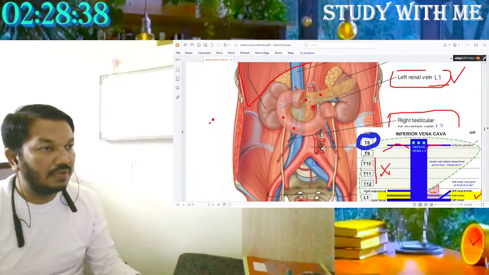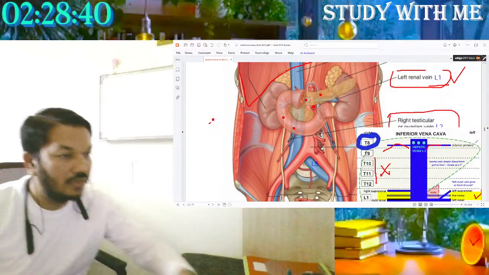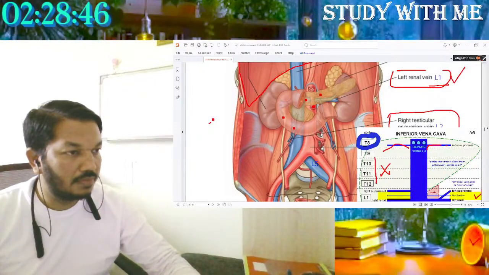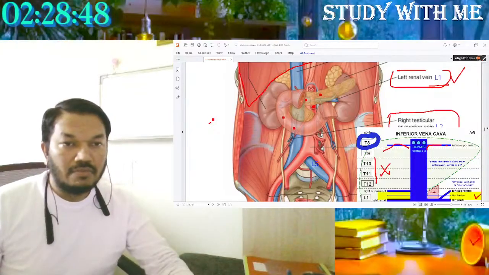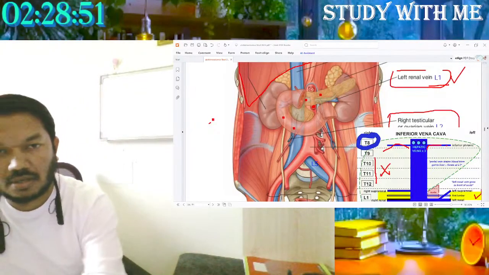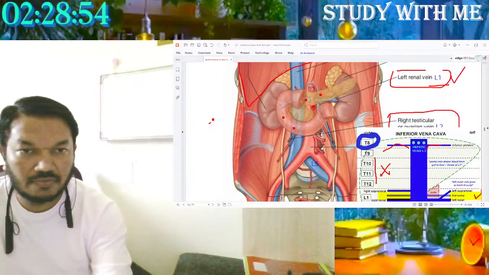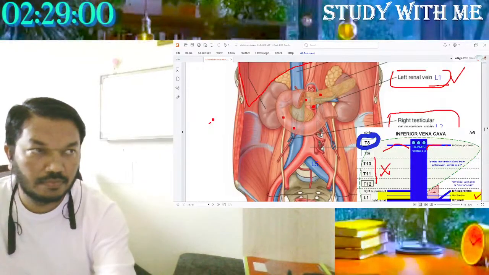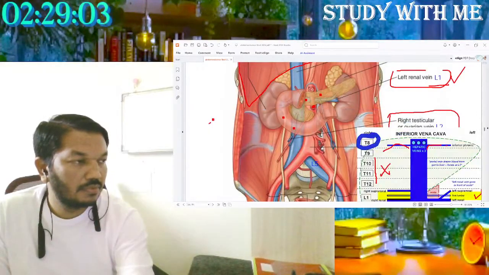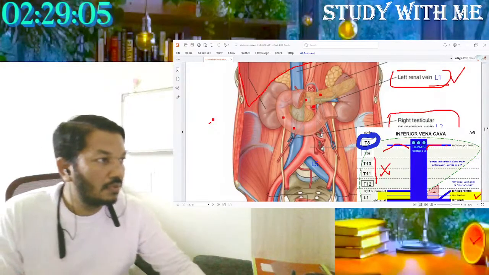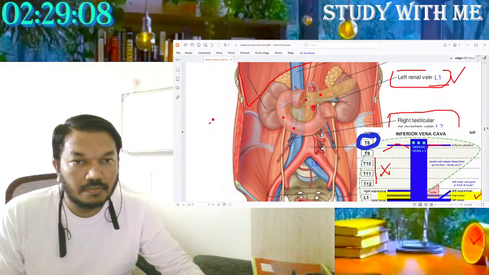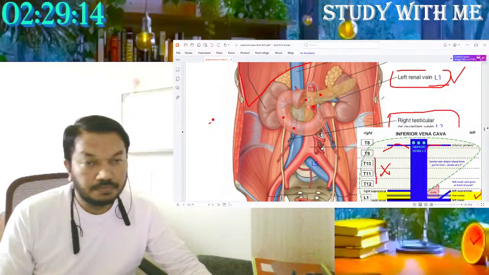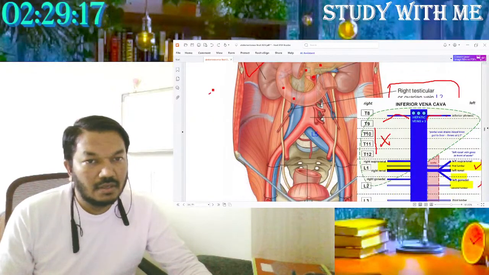The artery was inferior phrenic artery, and in case of vein, it will be inferior phrenic vein at the thoracic level.